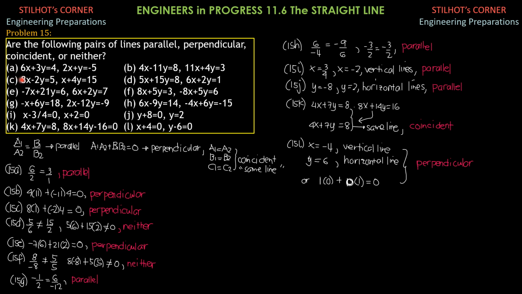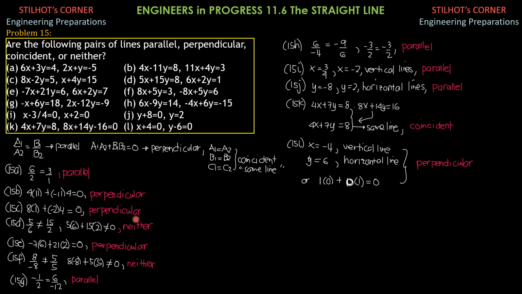For 15C, they have opposite signs, so we cannot expect equal ratios. So try the sum of products. 8 times 1 plus negative 2 times 4 is 0, therefore they are perpendicular lines.